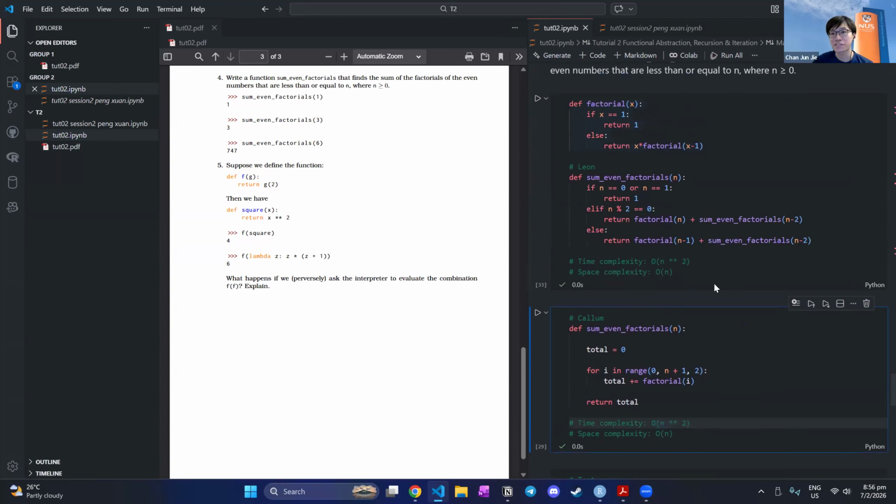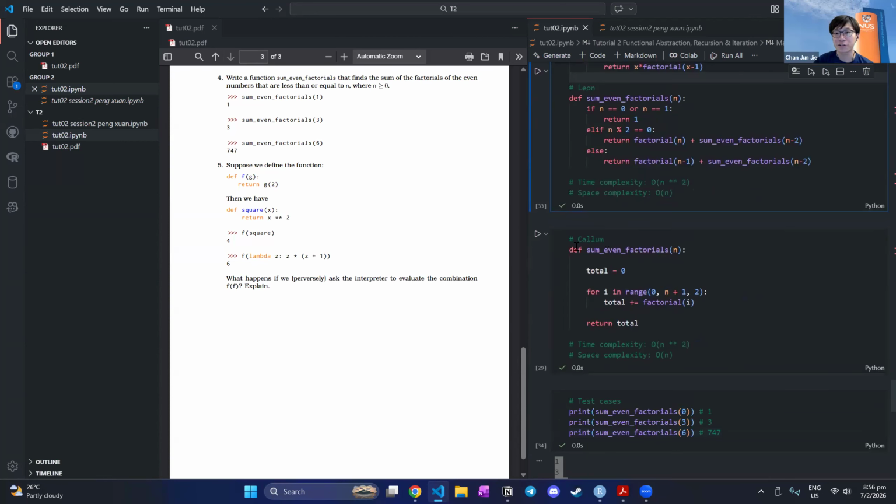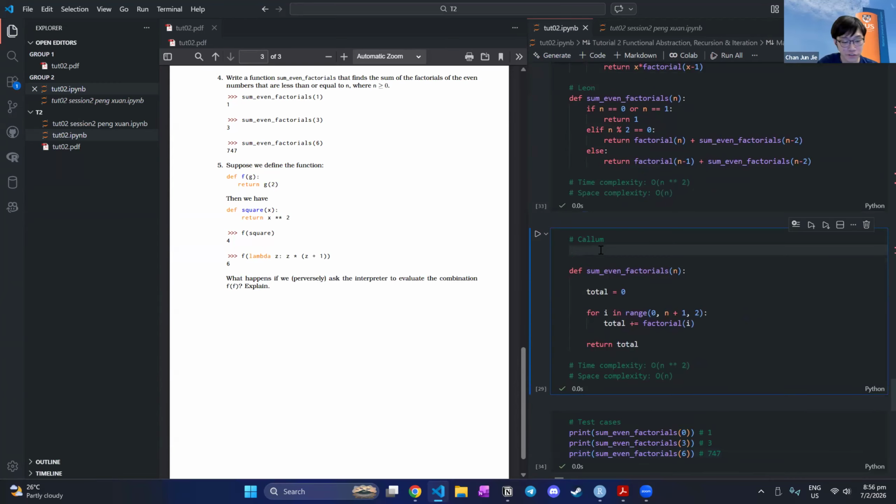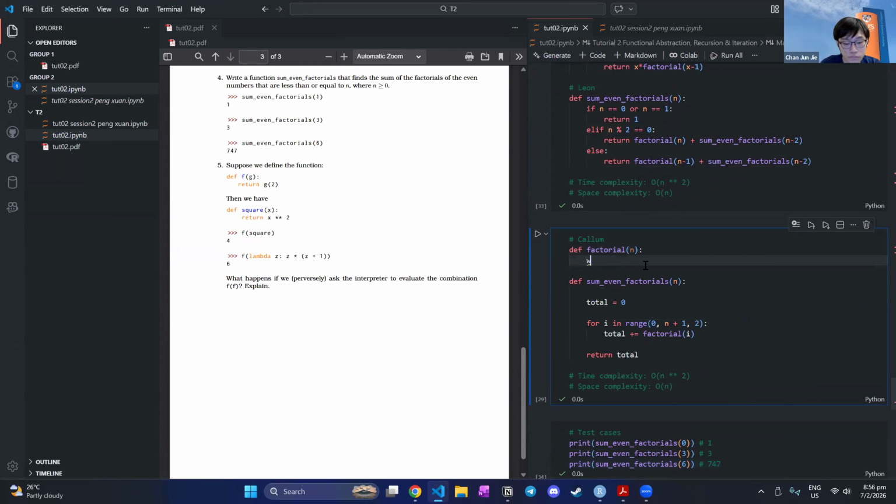Now it would be different if let's say you had an iterative factorial. So let's say you define factorial iteratively. Define factorial n, for n more than or equal to 0.